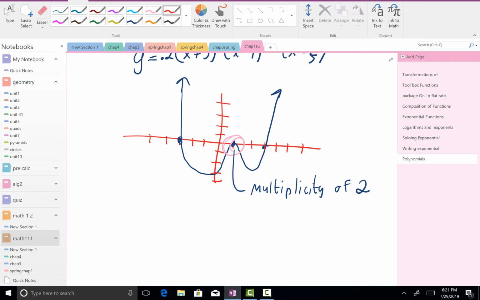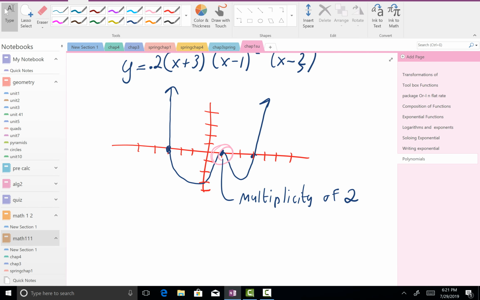So it's a little bit inverted with that, it goes through it. So that's a multiplicity of 3 because now we have a power of 3 there. It's kind of hard to tell the difference between a multiplicity of 3 and a multiplicity of 1, or just normal. But there is a little bit of flattening there. It makes it look like a cube, multiplicity of 3.